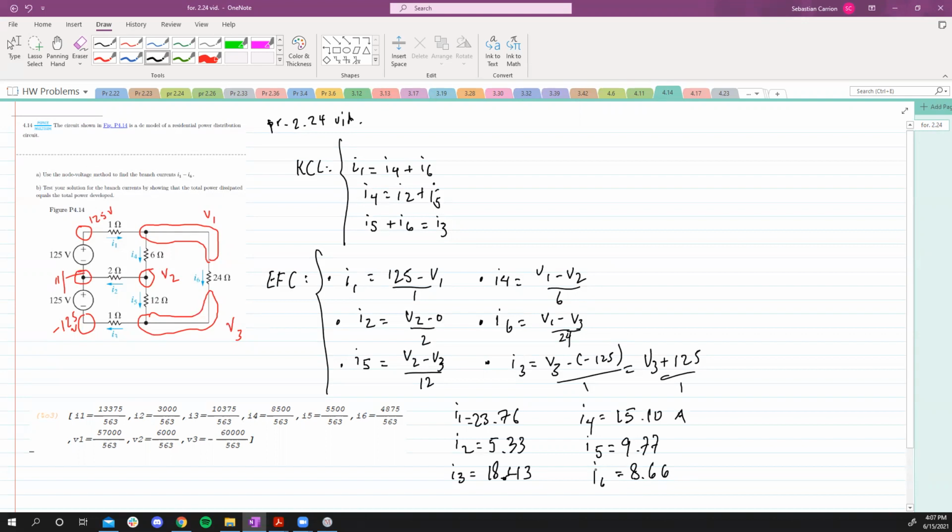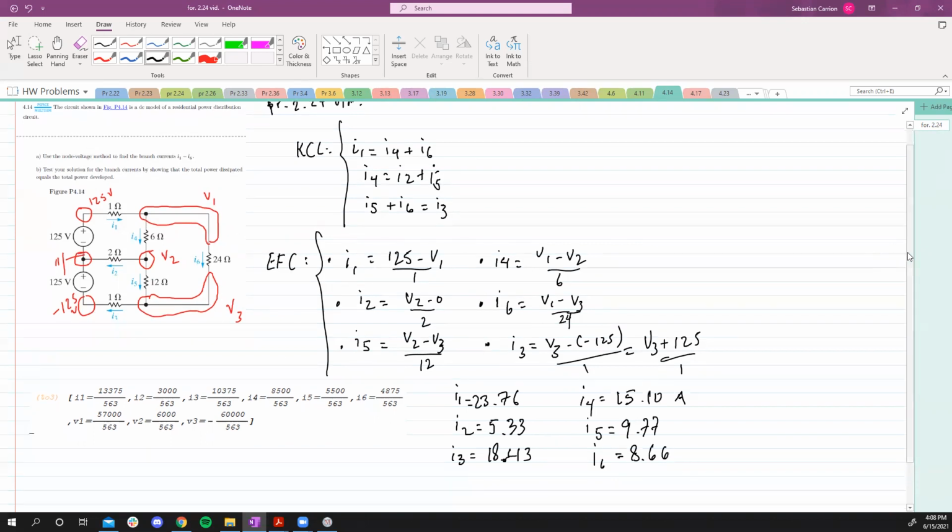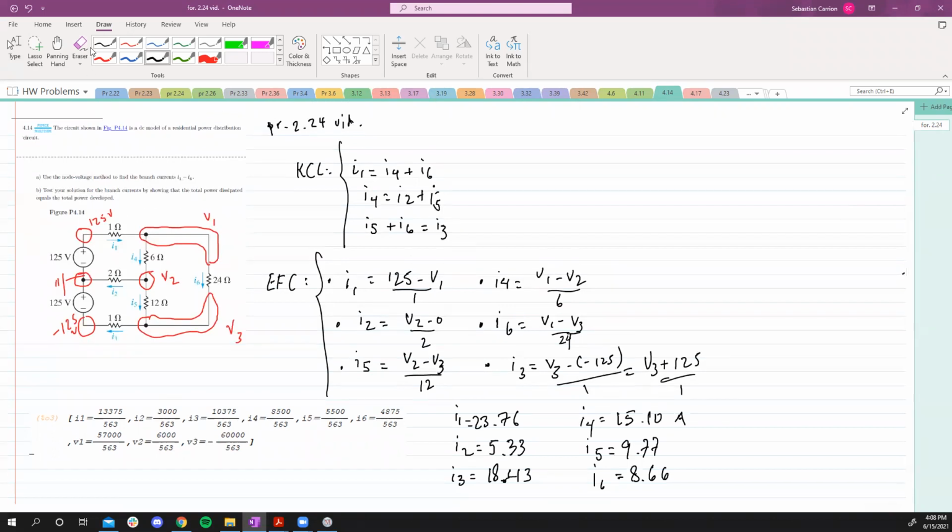Right. So yeah. So our V3 also has a negative voltage.